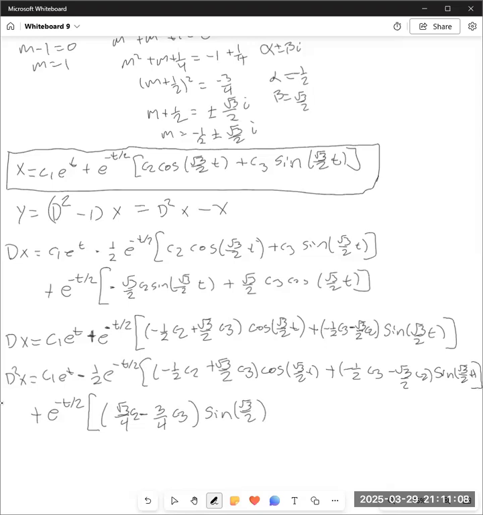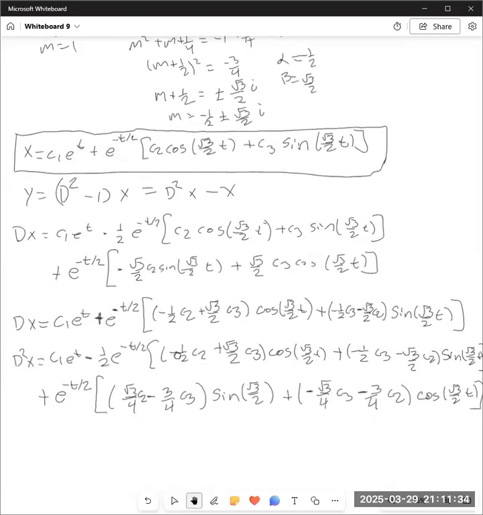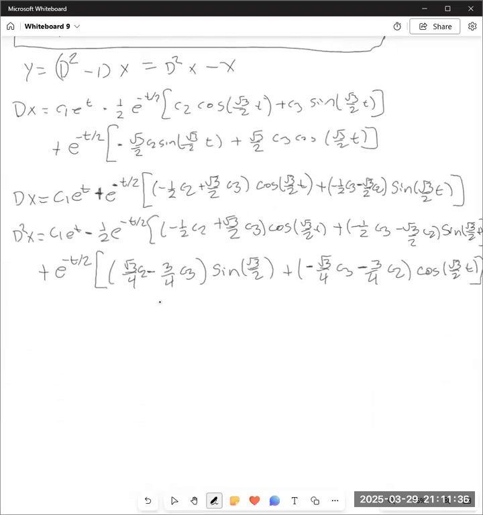And then positive root 3 over 2 times that, minus root 3 over 4 c3 minus 3/4 c2 cosine root 3 over 2 t. And then we're going to combine those parts there.